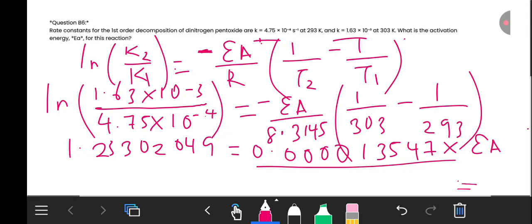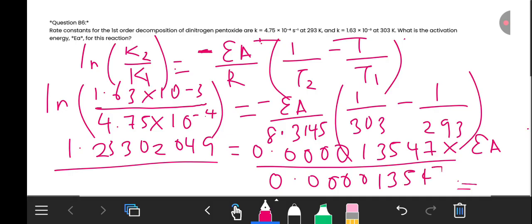Then we divide on both sides by this same value, 0.000013547.